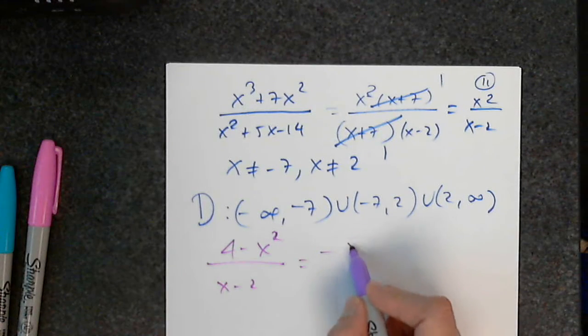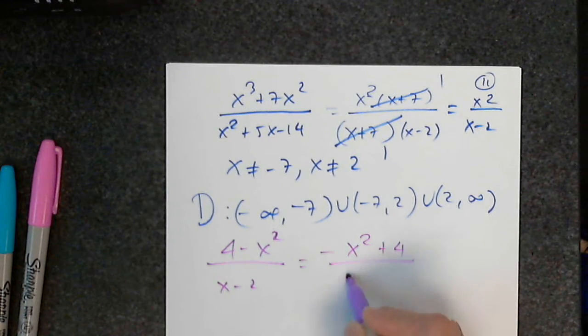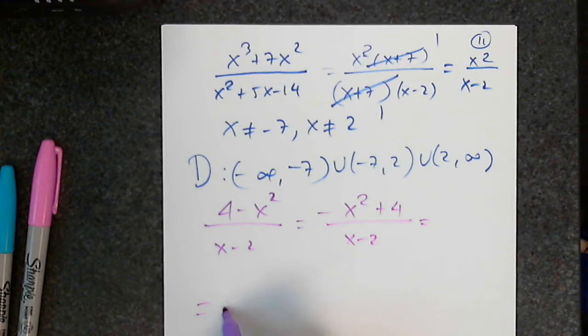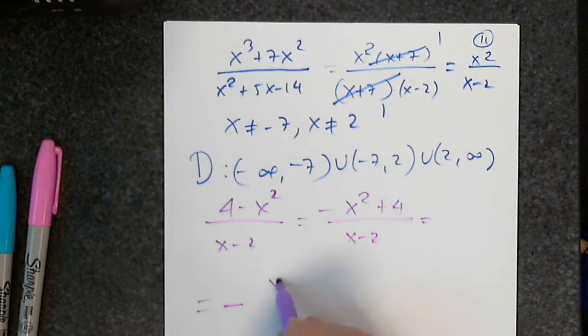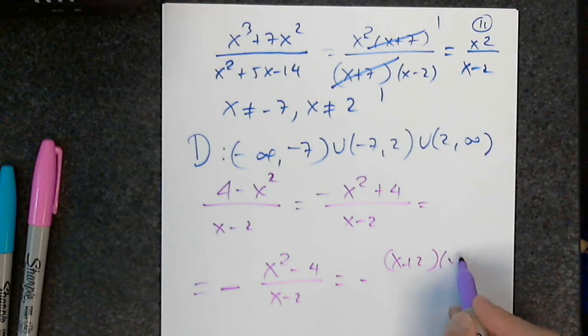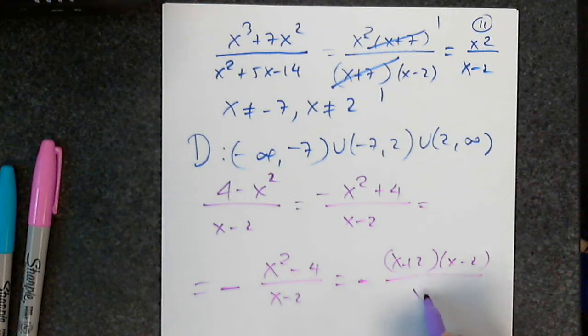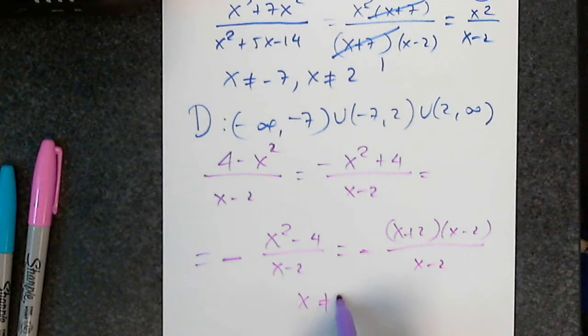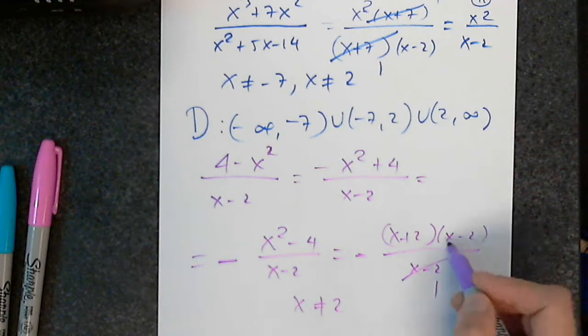Okay, so then I will rearrange everything at the top. And then x squared minus 4 divided by x minus 2. And then I factor x plus 2 and x minus 2. And then x minus 2. Of course, x cannot be 2. And now I can simplify it.